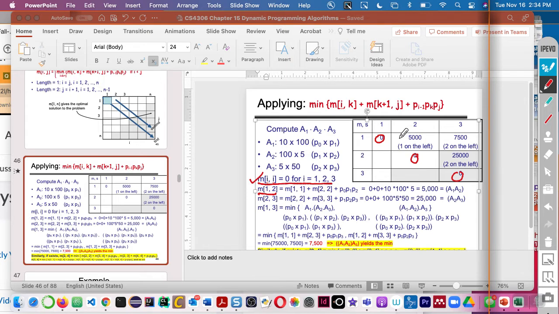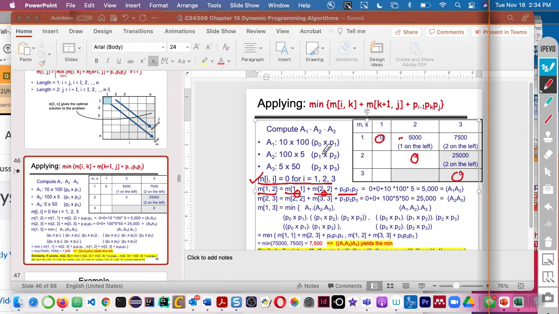We are going to find this cell value, m1,2. m1,2 equal to m1,1, and we know m1,1 equal to 0, plus m2,2, we know this is 0, plus the formula p0 times p1 times p2.